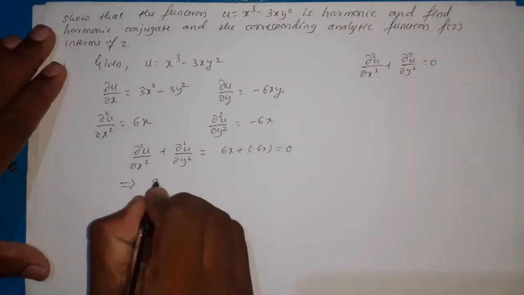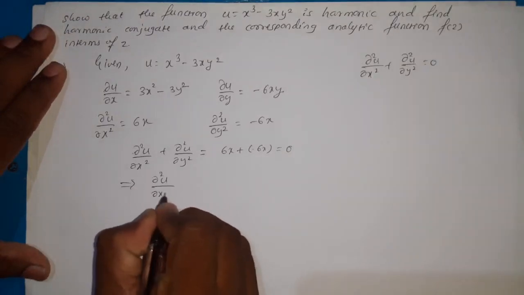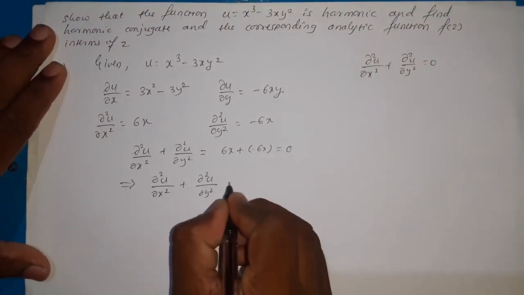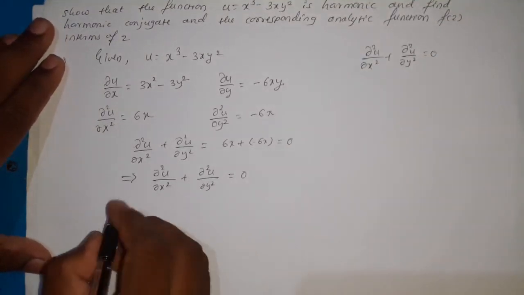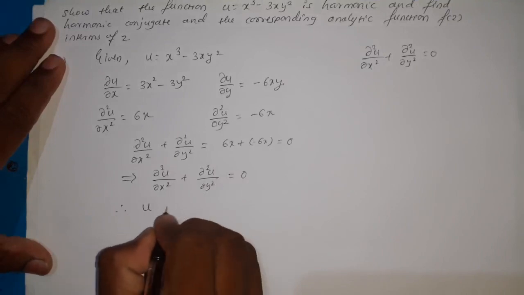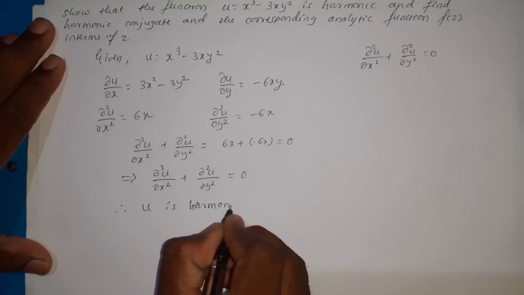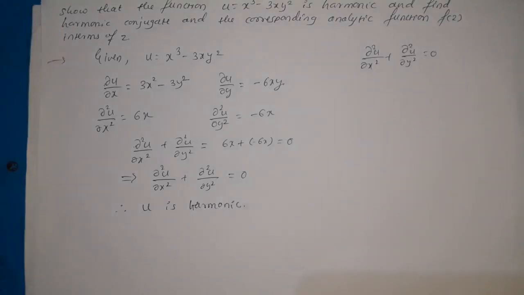It implies that ∂²u/∂x² plus ∂²u/∂y² is equal to 0. Therefore u is harmonic. Then the next thing is we need to find the harmonic conjugate.